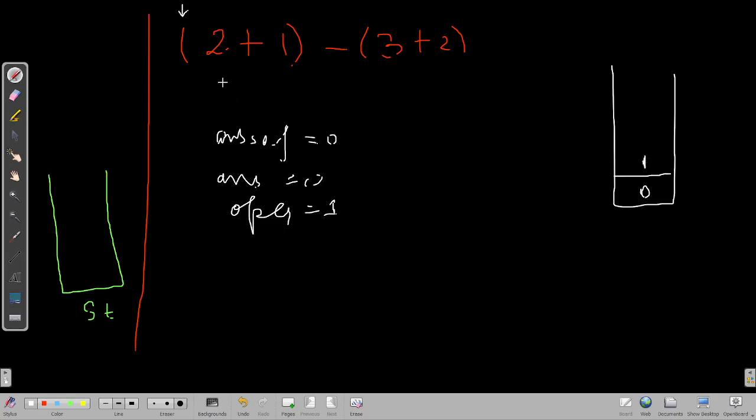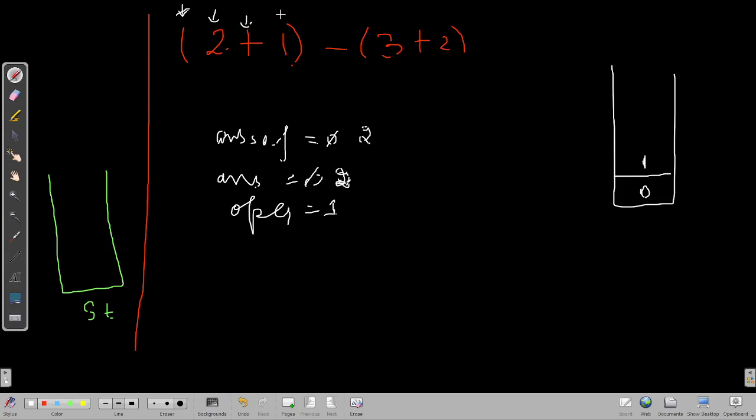Now let's calculate it. The calculation is very easy. If there is a 2, answer so far is 2, because 0 plus 2 multiplied by operation 1 is 2. Then there is a plus sign, operation remains plus.